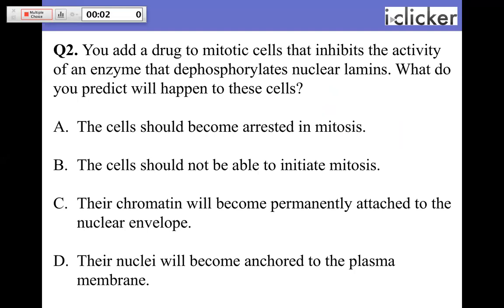You add a drug to cells that are undergoing mitosis that inhibits the activity of an enzyme that dephosphorylates the lamins. What's going to happen to those cells?